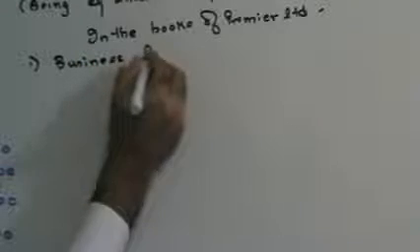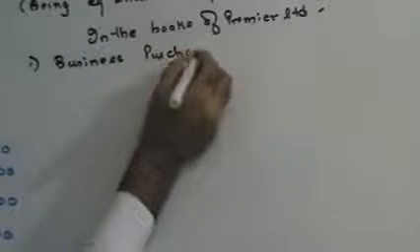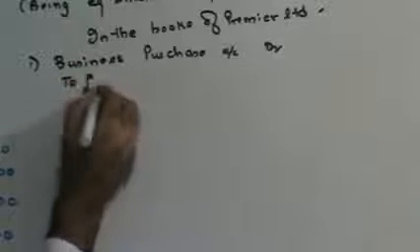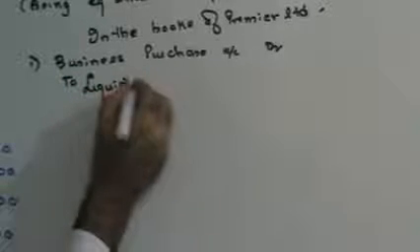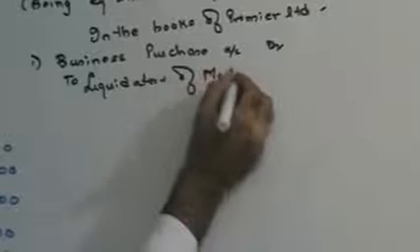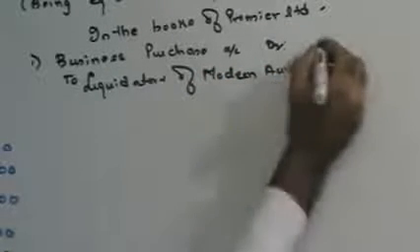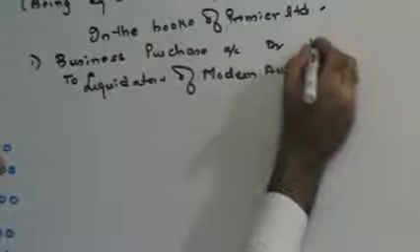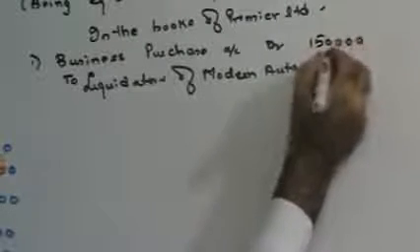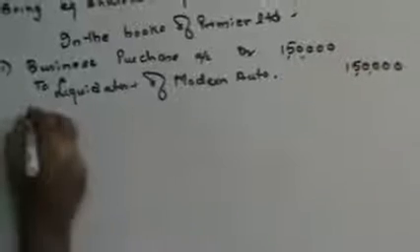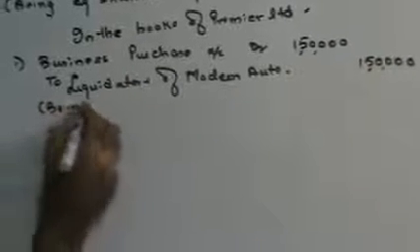So this is going to be business purchase account debit to liquidators of Modern Auto. This is going to be business purchase to liquidators 1,50,000. That's your PC amount. Being business acquired.